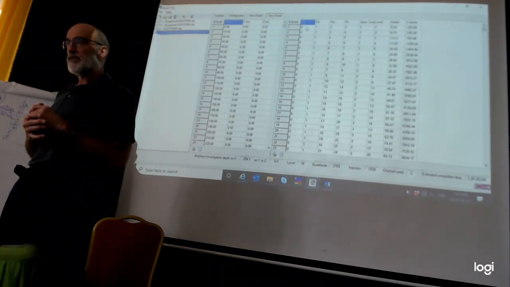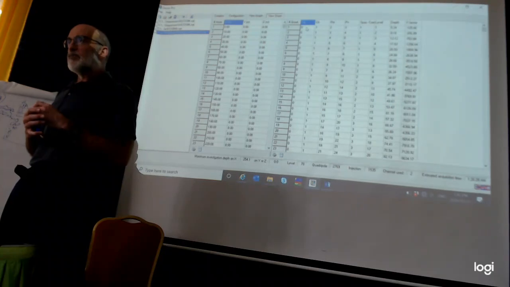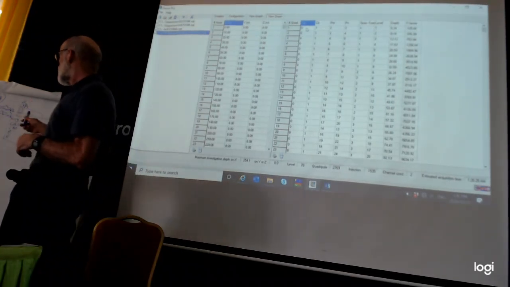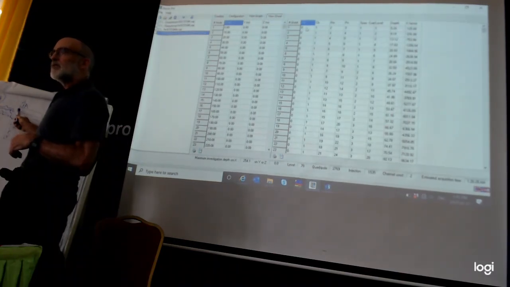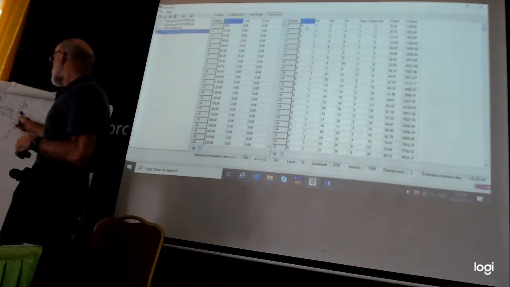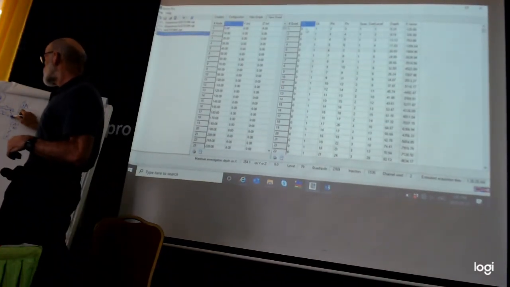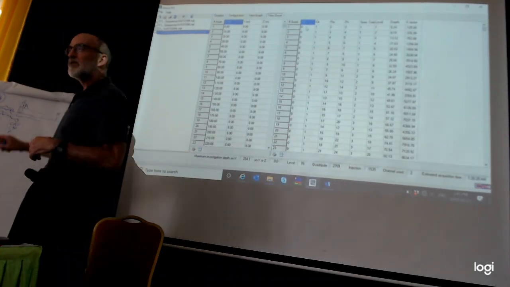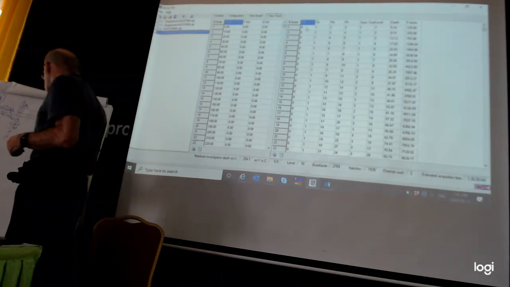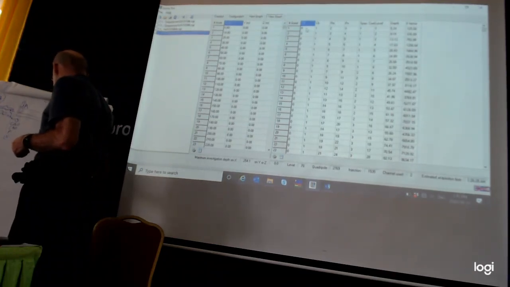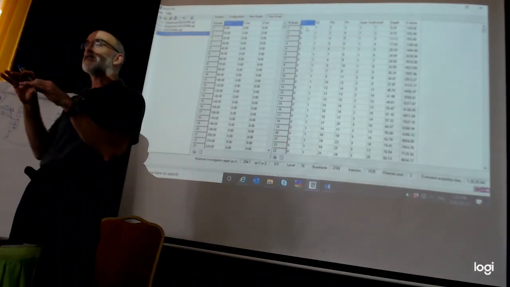Because it thought that the electrode that was in position 0 meters was just one of the electrodes in the whole array. It didn't know that it was the remote electrode. So Process picks the file up and it thinks it's a mixed array.